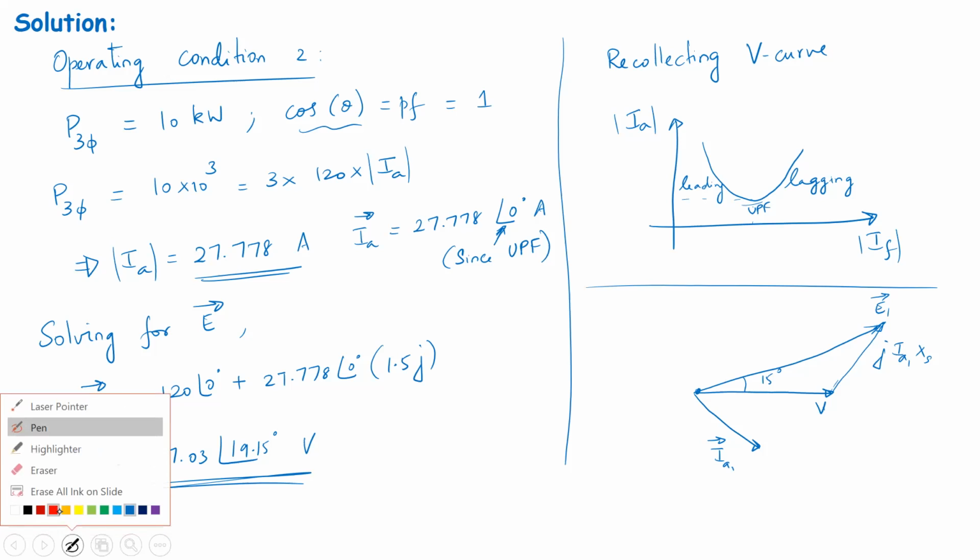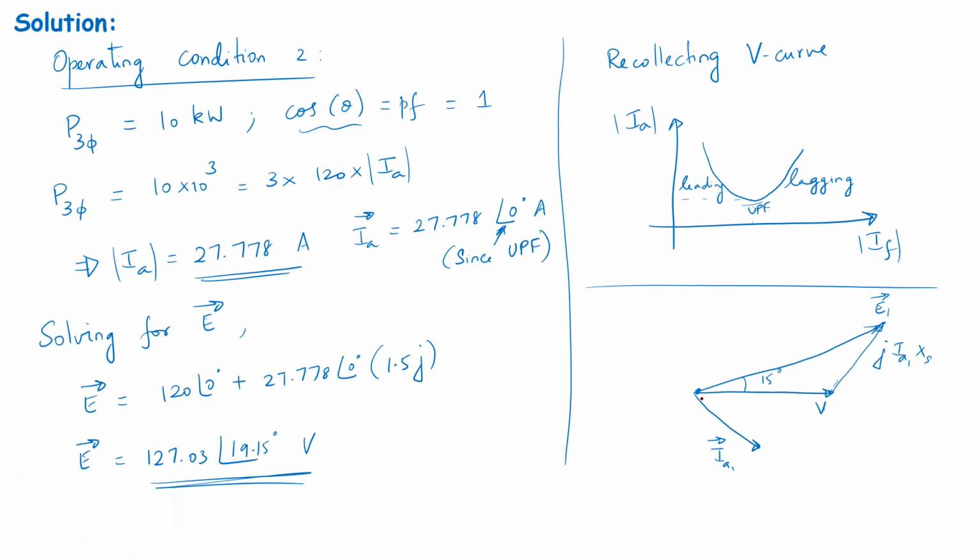Now let me change color. Under the second operating condition, because the real power P is fixed, IA cos theta has to remain constant. So the horizontal component of IA has not changed. So IA2 will be equal to IA1 cos theta 1, and this is IA2, which is in phase with V because the power factor is unity. Now, because of that, IA2 JXS will be perpendicular.